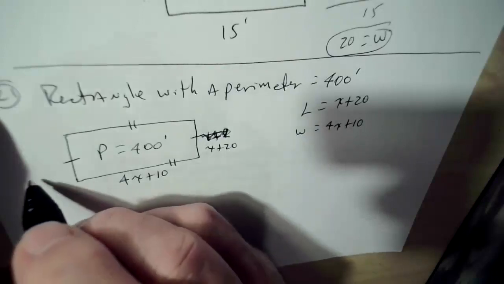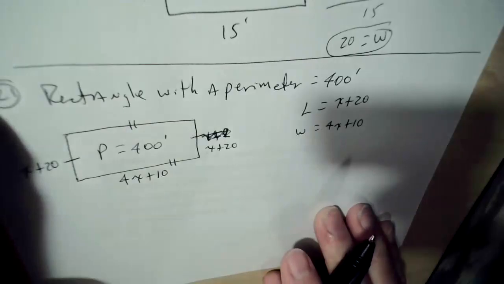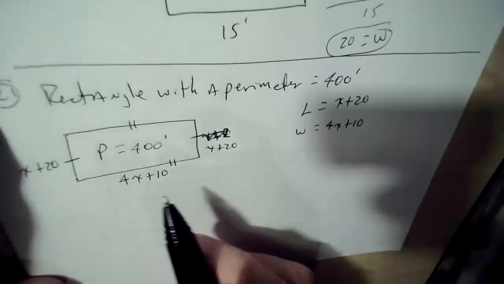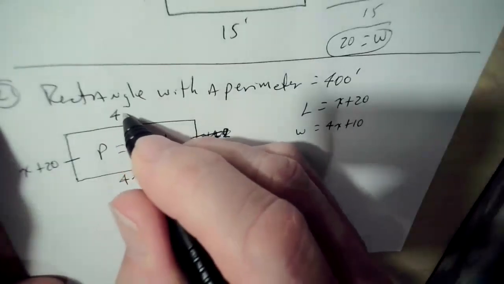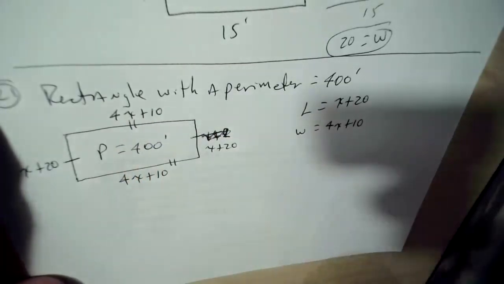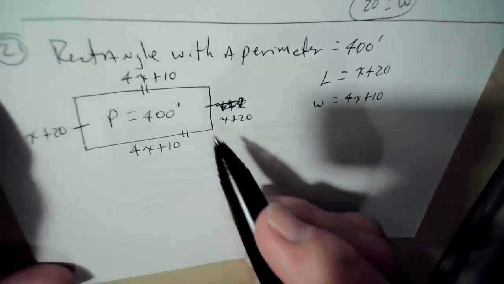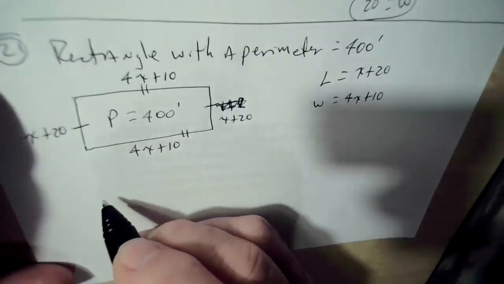So we want to know how far is it all the way around. If this one's x plus 20, that means this one is also x plus 20. And if this is 4x plus 10, then this one's 4x plus 10. Am I right or am I right? I'm right.